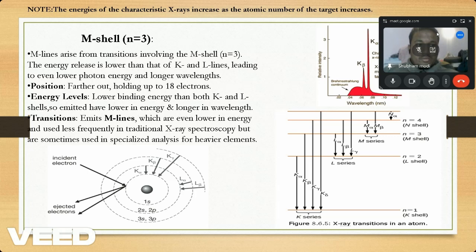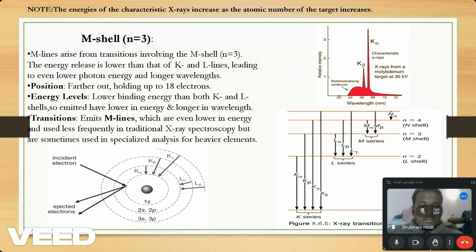So now for the M shell, which is n equals 3, which means the electrons now stop at the n equals 3 shell. This has a lower energy than K and L lines, which means the energy release can be stated as the maximum in the K shell, then lower in the L shell, and the least in the M shell.